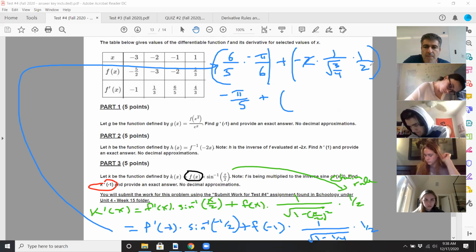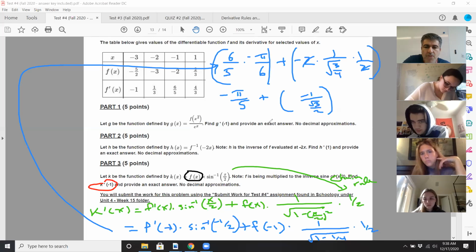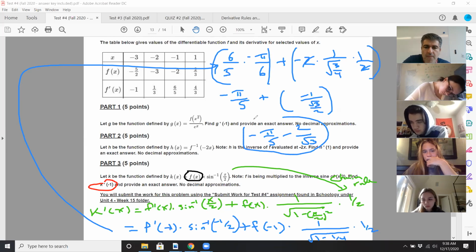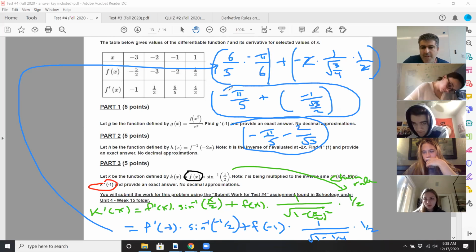These cancel here. So you get -1 over √3/2. You can square up both top and bottom separately. So the final answer is -π/5 minus 2 over √3. You can leave your answer like that. If you left it like up above as well, that's fine, I suppose. I think I'd still give you full credit if you did that. But yeah, that's that one.